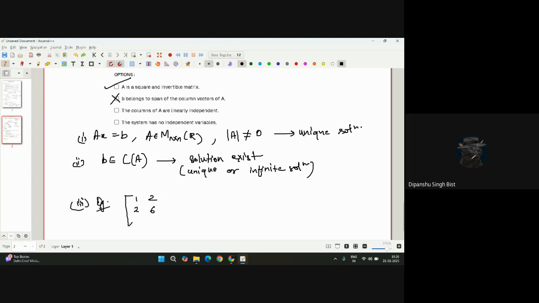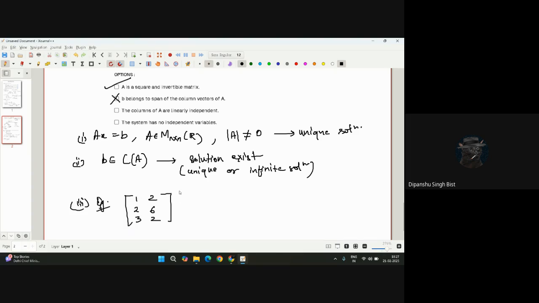Let's have 2 6, and then let's have 3 over here, and let's have 2 over here. So you see, here we are having linearly independent columns, meaning this column cannot be represented as some linear multiple of this column.